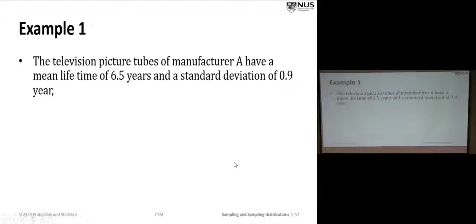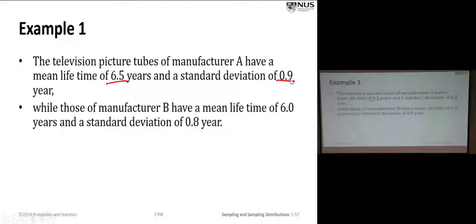Okay, so let's look at this example. We have television picture tubes from manufacturer A, with lifetime mean 6.5 years and standard deviation 0.9, and the other produced by manufacturer B with mean 6.0 and standard deviation 0.8.